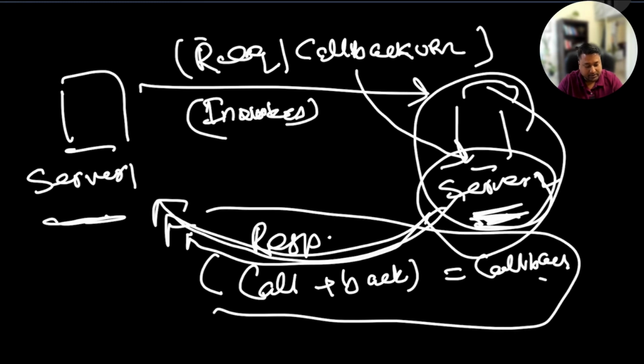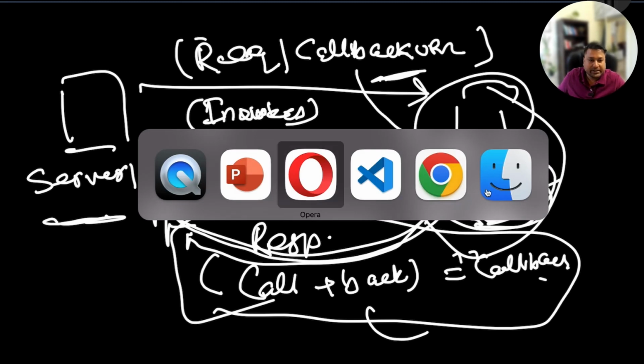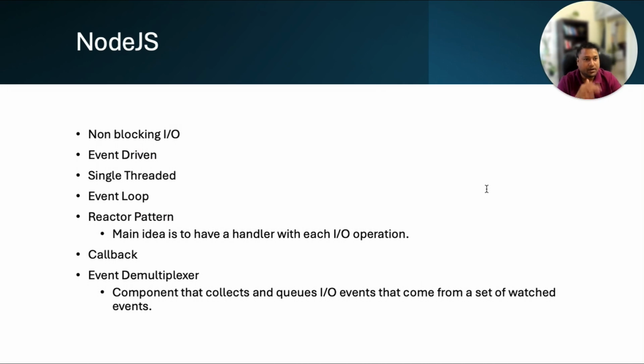This whole mechanism uses a callback, and the URL at which it sends the callback is the callback URL. That's the address where the callback should be sent back. So that was the basic concept of callback.